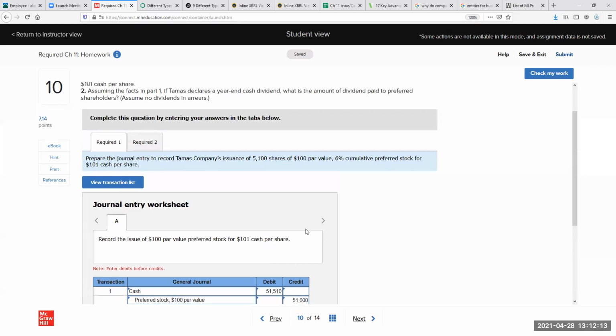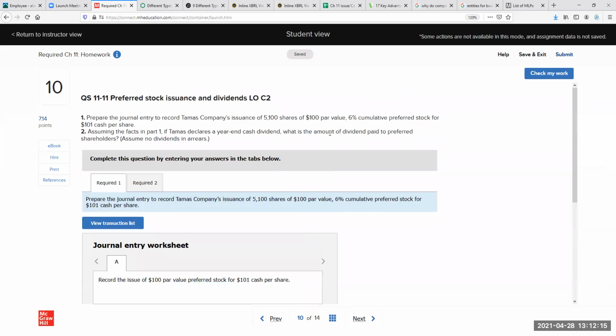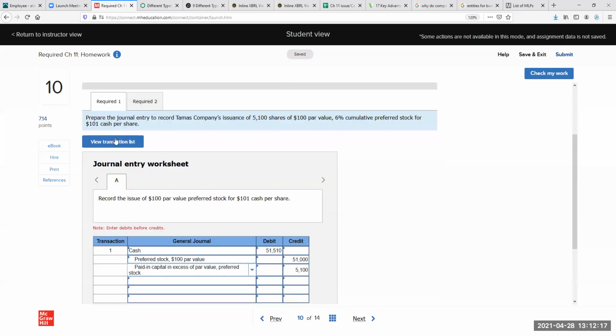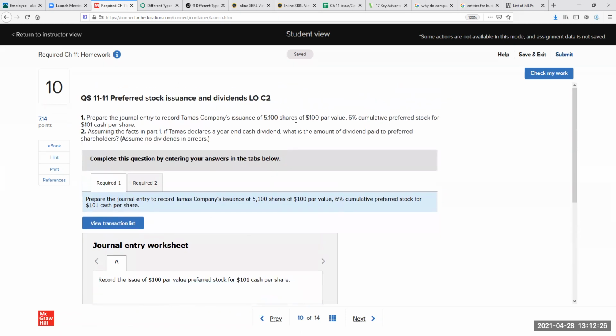All right, so my math's bad somewhere. 5,100 shares times 101. 5,100 times 101 is 51,510, and 5,100 shares times $100 is equal to, oh, my math's being horrible.